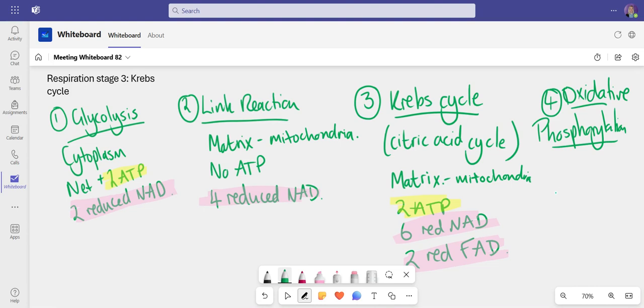What happens in oxidative phosphorylation is that these reduced NADs are used to make ATP.